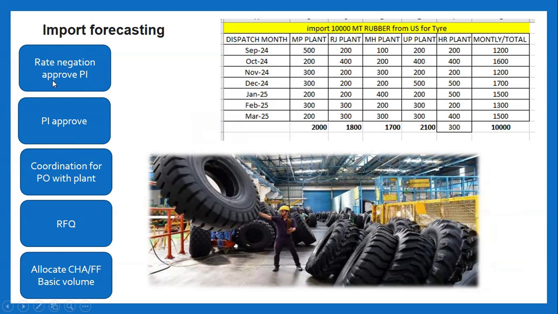First, the rate needs to be negotiated. We will ask for the rate of that rubber, per metric ton. The supplier in the United States will provide us the pro forma invoice, with all the details as mentioned by the supplier: per metric ton charges, port of loading, port of discharge, Incoterms and payment terms.